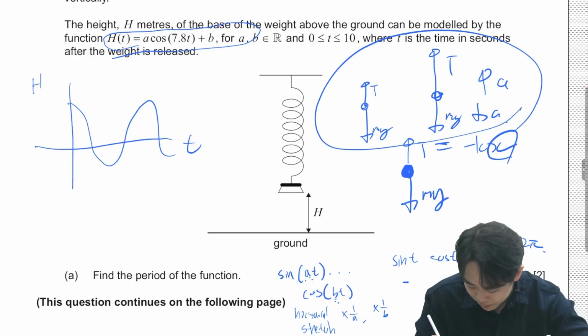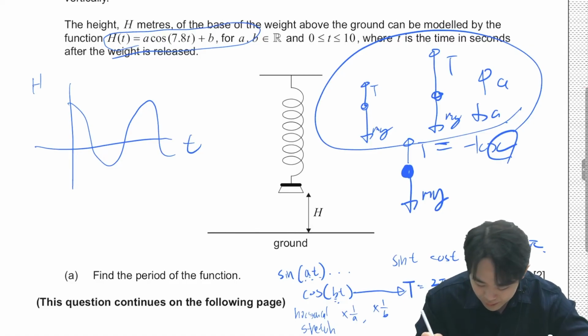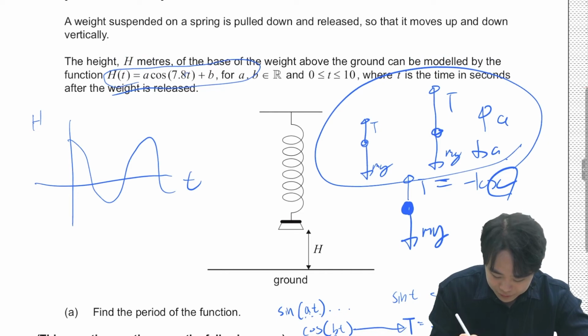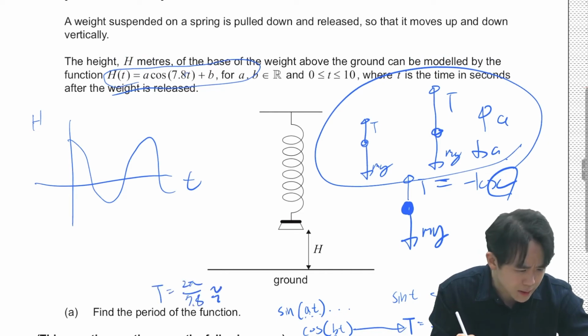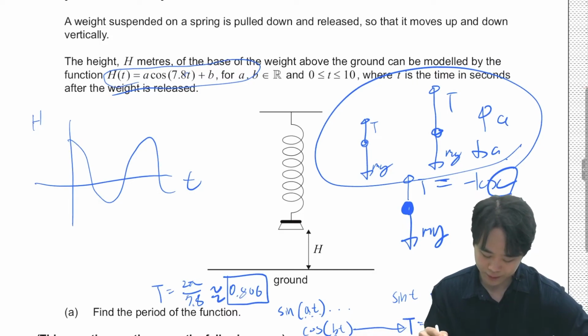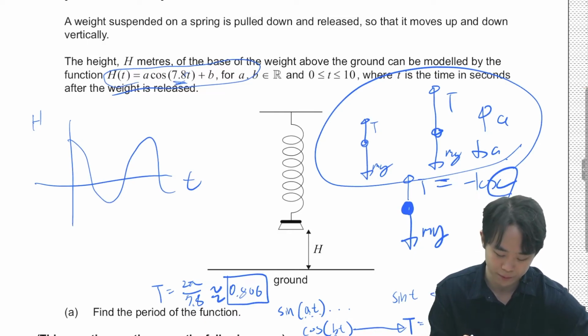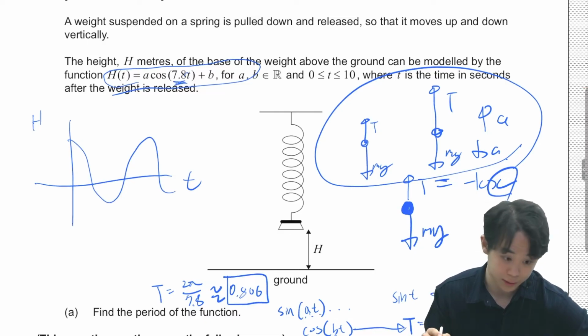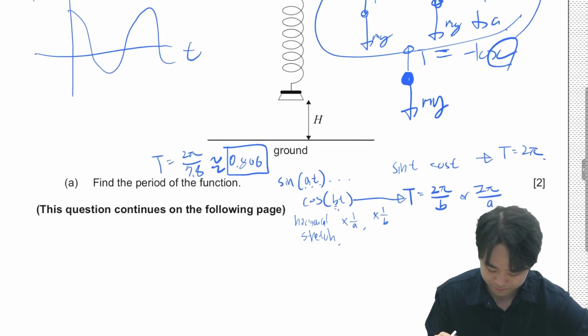If you want to find the period of any function in this form, the period is going to be 2 pi over b. In this case, 2 pi over a. So the period of this function is 2 pi over 7.8, which is roughly 0.806. Okay, so a, we're done. We just divide 2 pi by whatever the factor of horizontal stretch or compression we have.